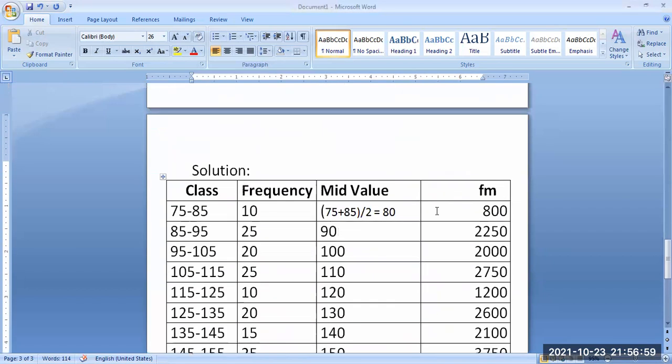See what we have done for any continuous series like this. We have to find out mid values. Then after finding out mid values, this frequency into mid value will give you one value that will become Fm. On direct method, as you know, there are different methods for calculating arithmetic mean.